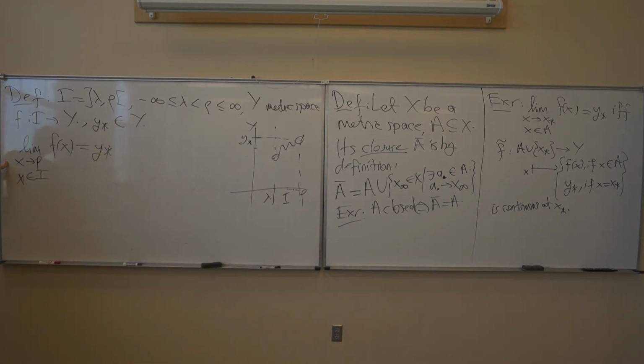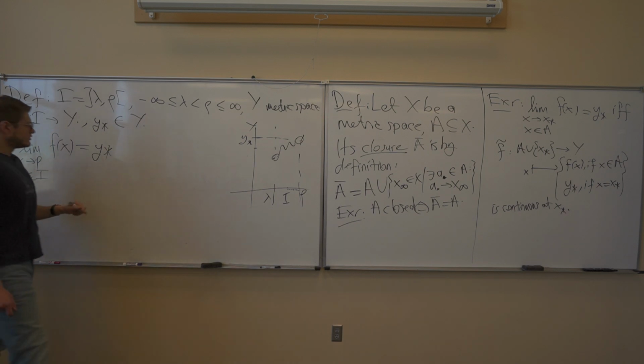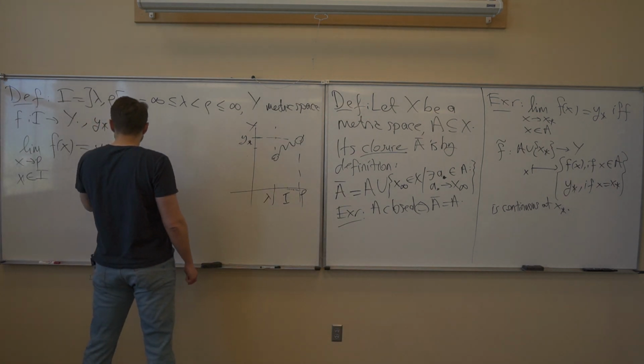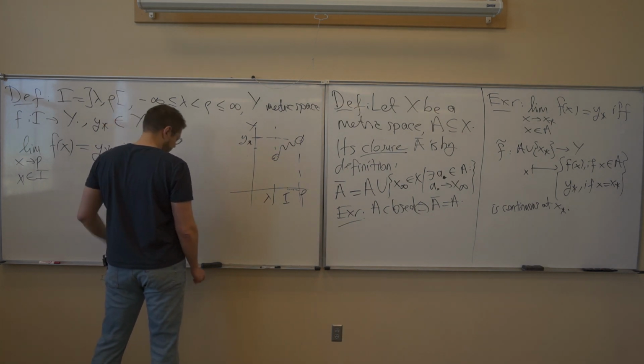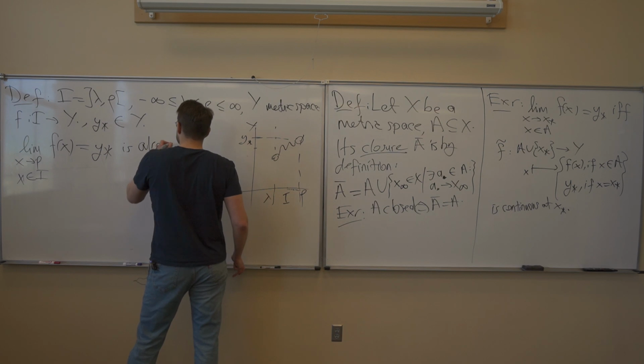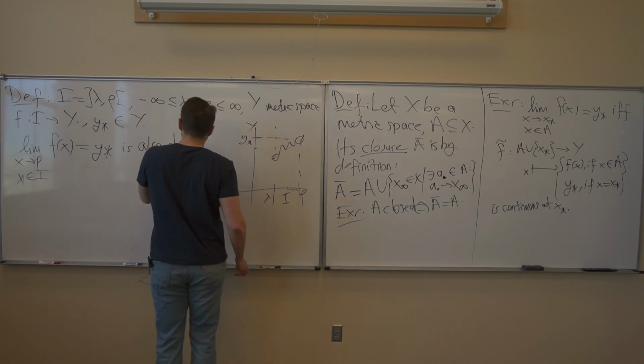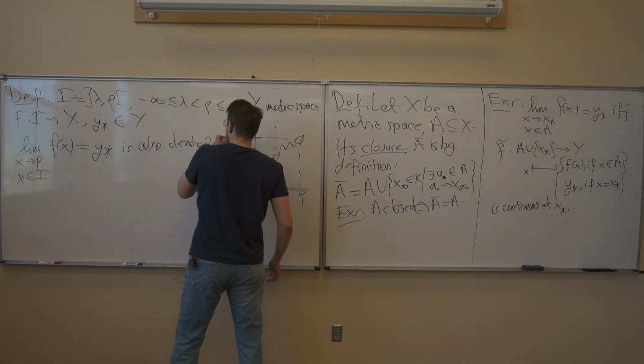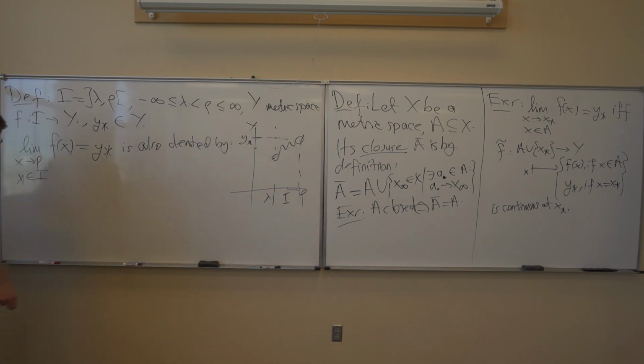Instead of writing this, there's a couple different sort of easier notations. This is also denoted by any one of the following. So in the textbook, the notation is okay, it's either plus or a minus.